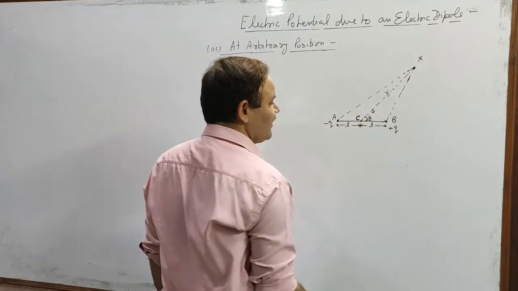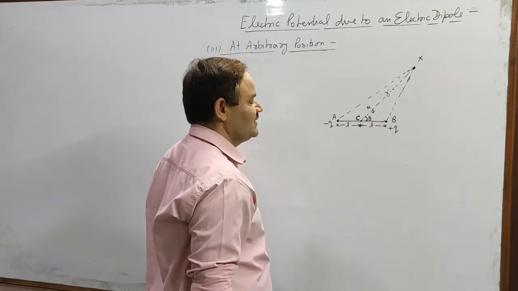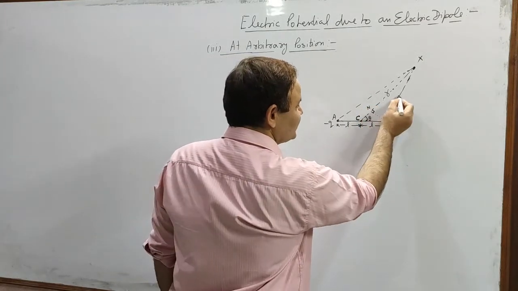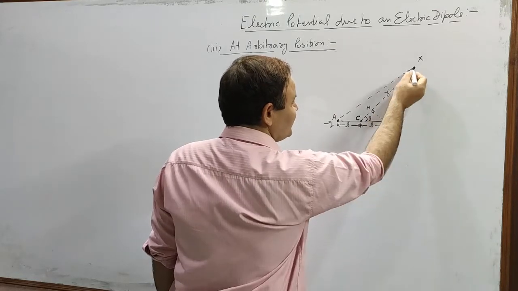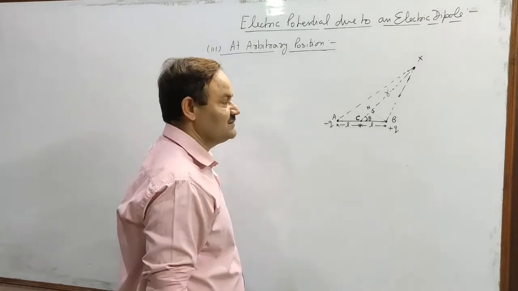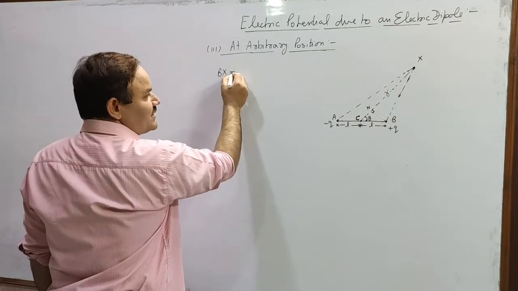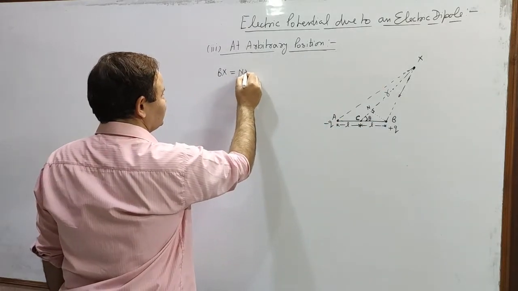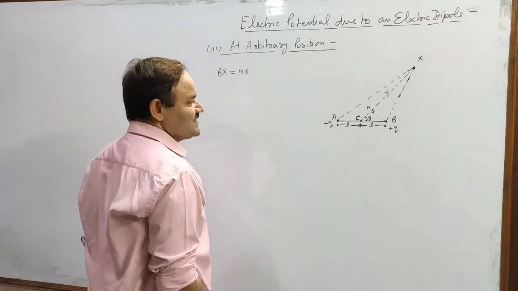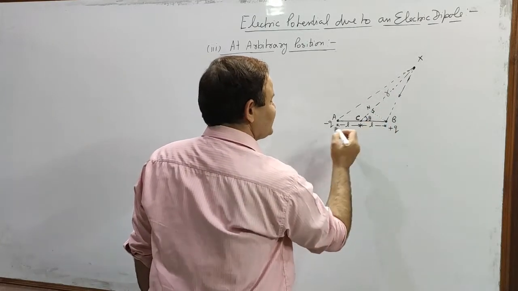After drawing this perpendicular, say BN, we will assume that the distance BX is equal to the distance NX, that is, BX is equal to NX, and NX can be taken as CX minus CN.